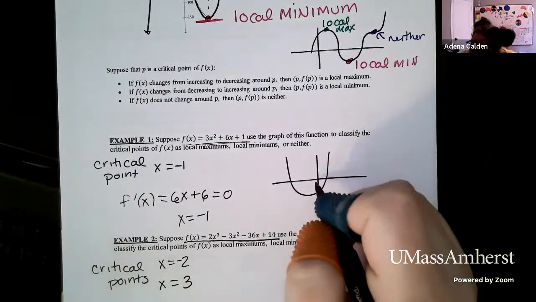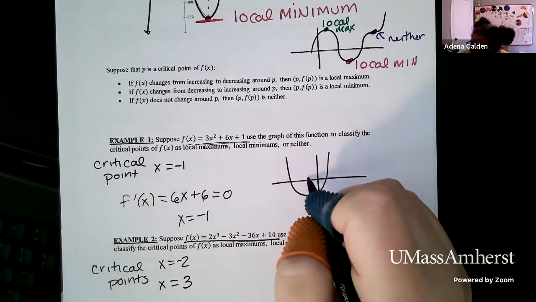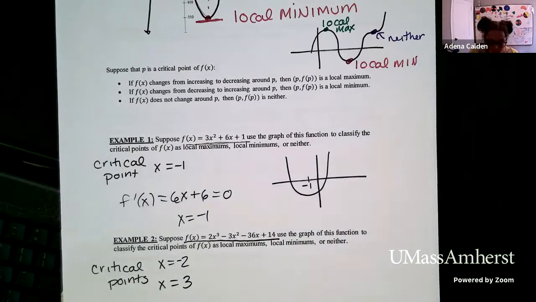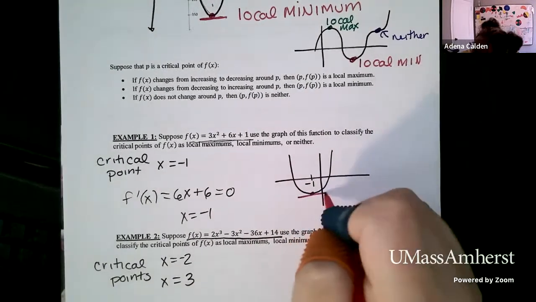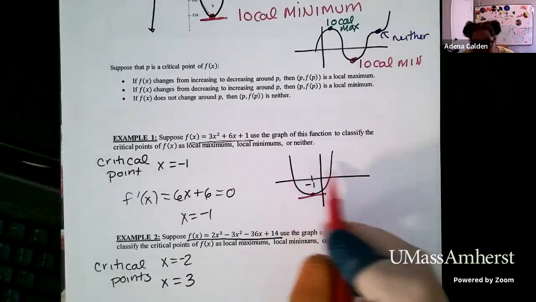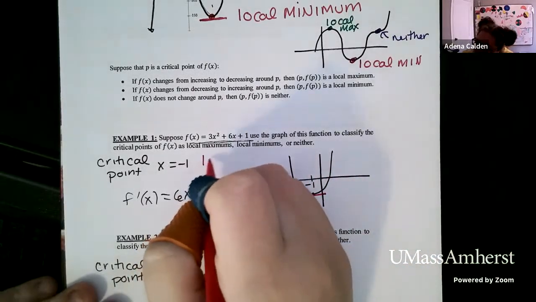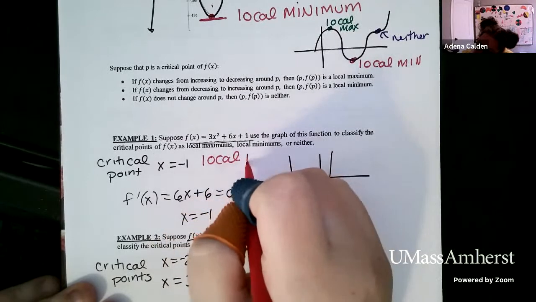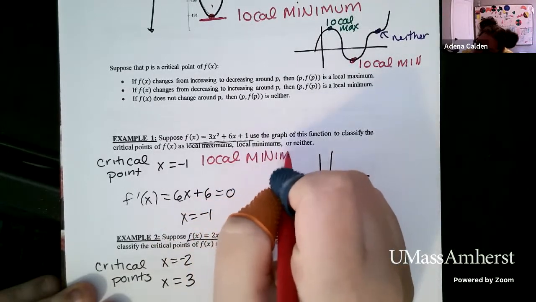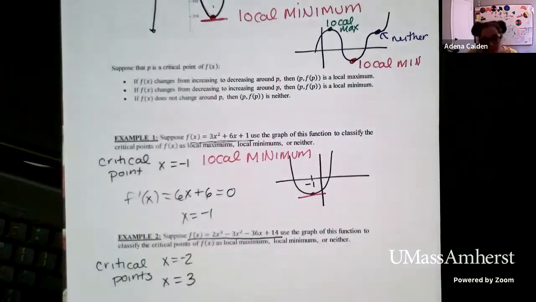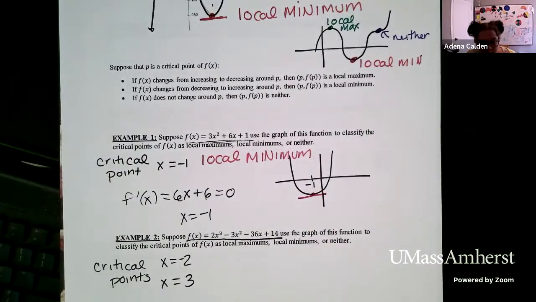And you can see pretty quickly that if we come over here to roughly where -1 is going to be, you're going to come down. The horizontal tangent line is here. This is at the bottom of a cup, so that makes your critical point a local minimum. Okay, so we're visually inspecting the original function to determine the type of critical points.